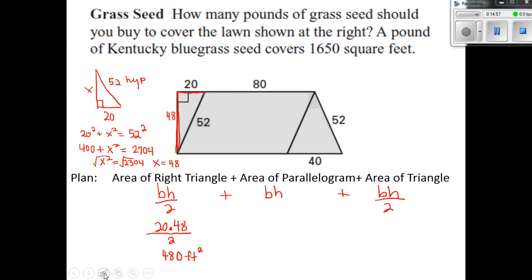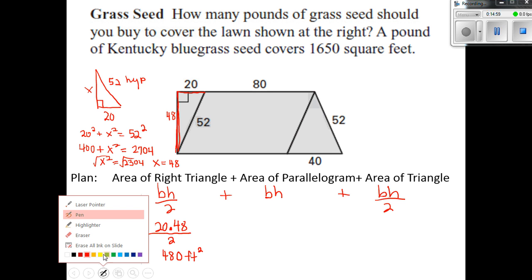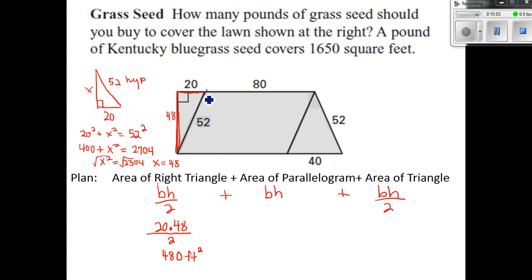Now I'm going to be looking at the area of the parallelogram. So I want to look at the parallelogram. Okay, so the base is 80 because opposite sides are congruent, times the height. Now remember, the height of the parallelogram is not 52.